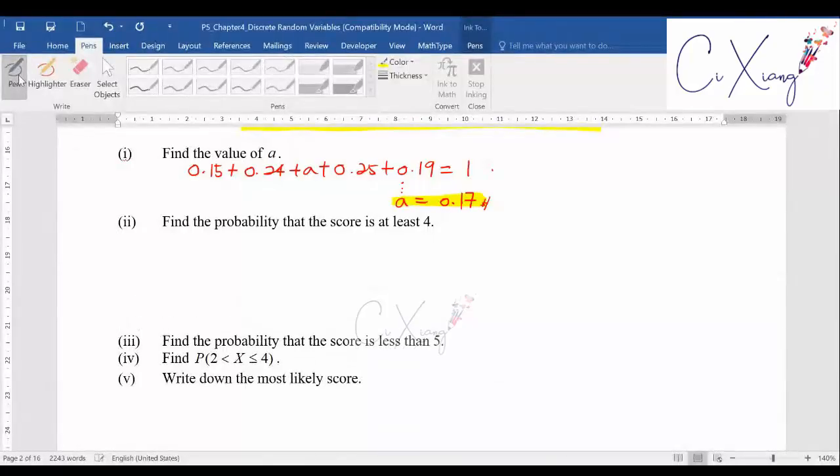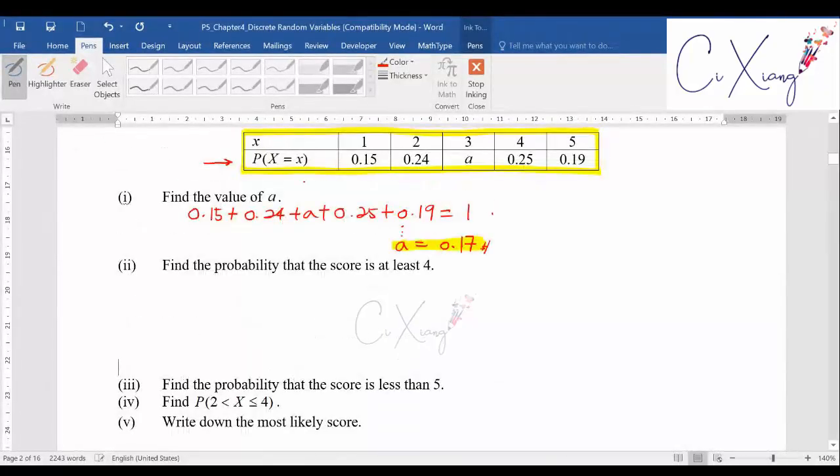Then the second part: find the probability that the score is at least 4. Score means x, so they want the probability that x is at least 4, that means x is more than or equal to 4. Where do we have x at least 4? It's this part and also this part.